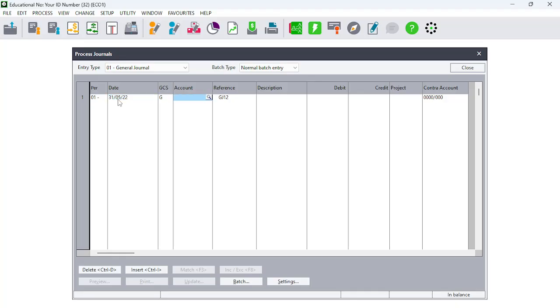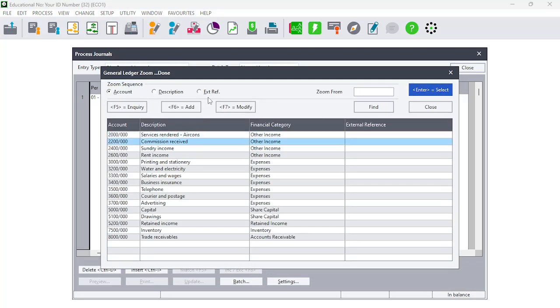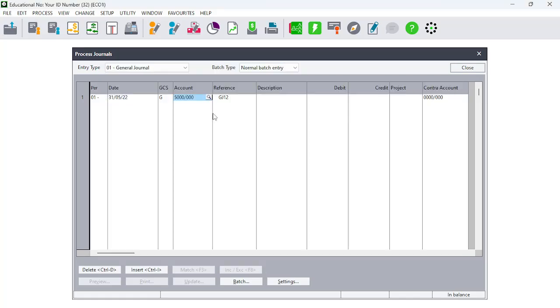31/05/22. The general ledger account to debit would be capital. And you know that capital, if you want, you can click F5 or search. And remember, capital is 5,000. So I'm going to debit capital.